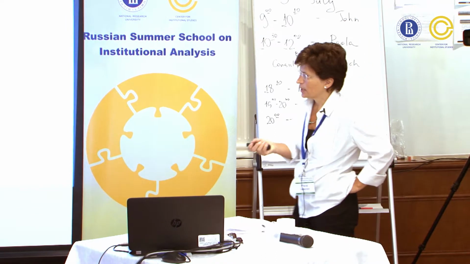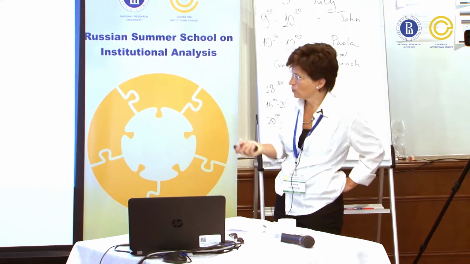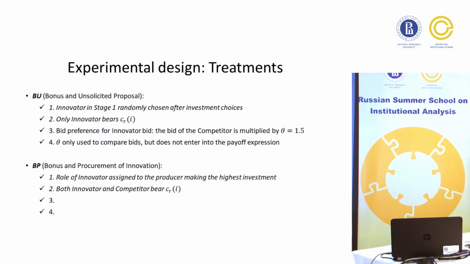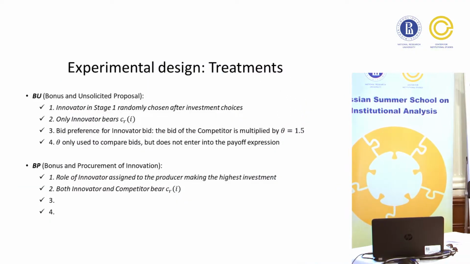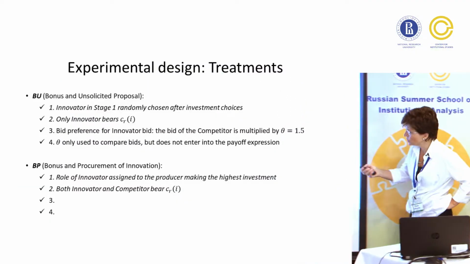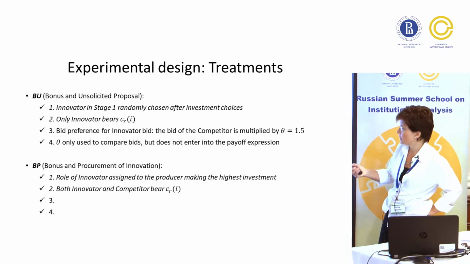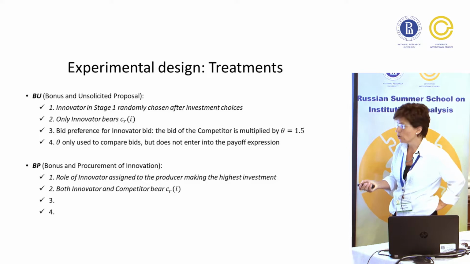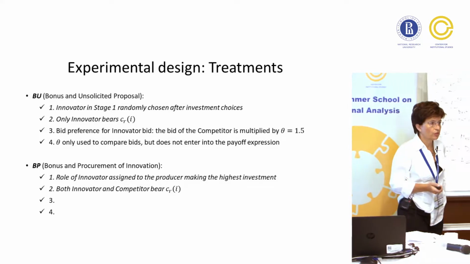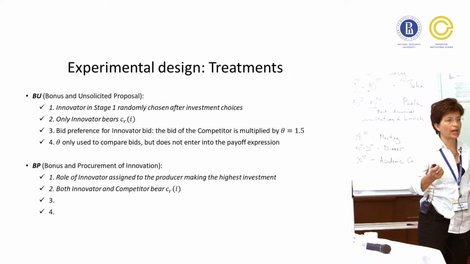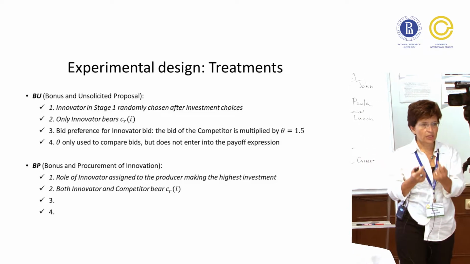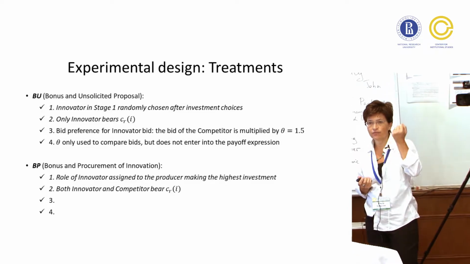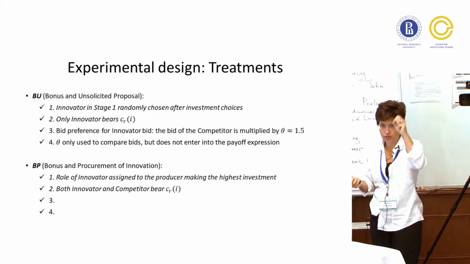When you have the treatment BP, which is bonus and procurement of innovation, what is different? It is different with respect to these two steps. The role of innovator in procurement of innovation is assigned to the one in the couple who has made the highest investment, while before it was randomly chosen.